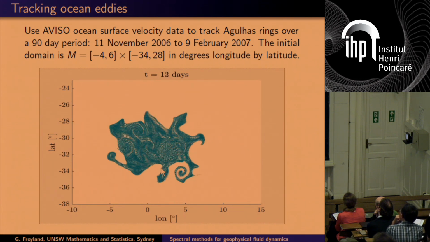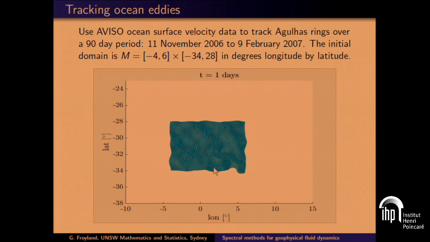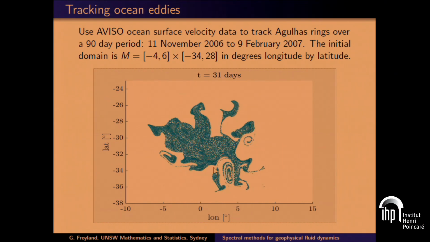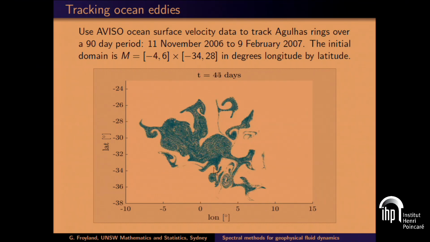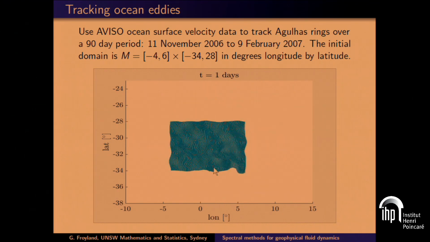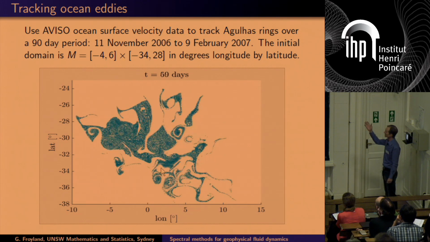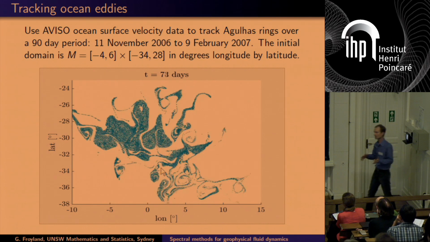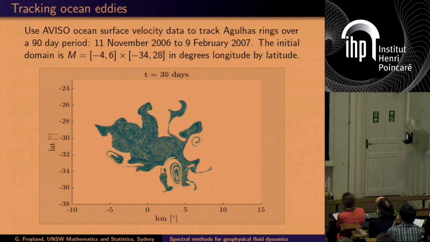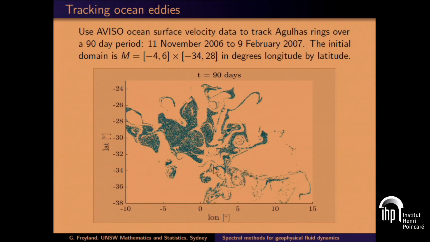So that's the rectangle, that's the initial rectangle. And then this is 90 days of the flow, so we want to find some eddies in this flow. And in fact, we're not even using all the movie that you see here. We're just using the points at the initial time and then at the 90 days later. So we just have 2 frames.